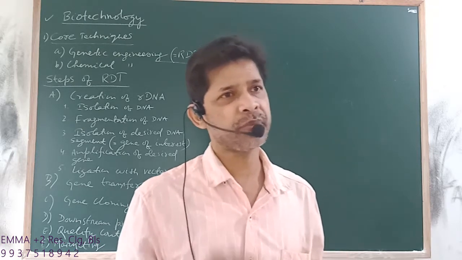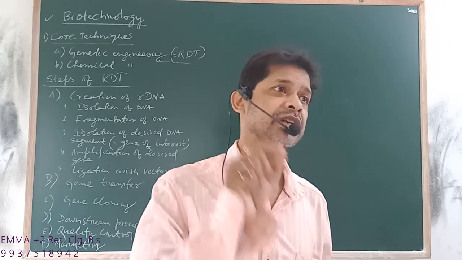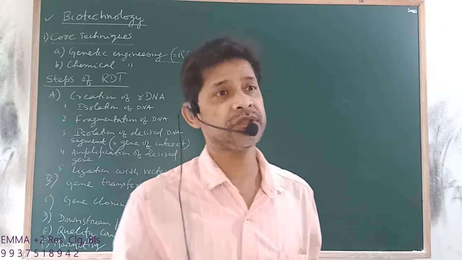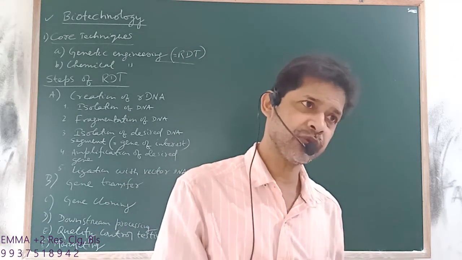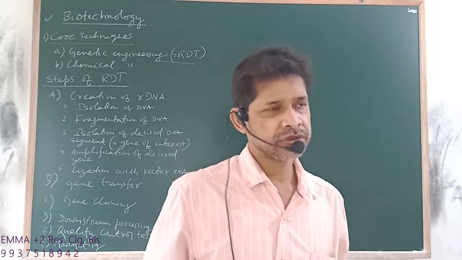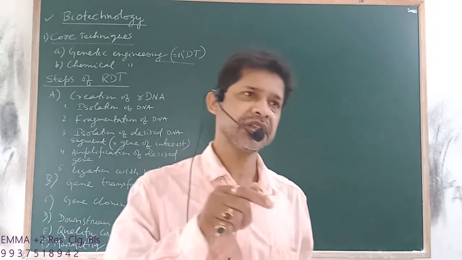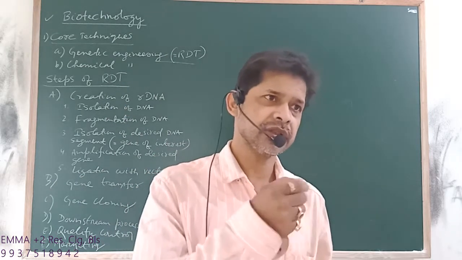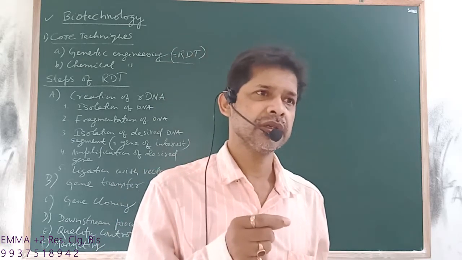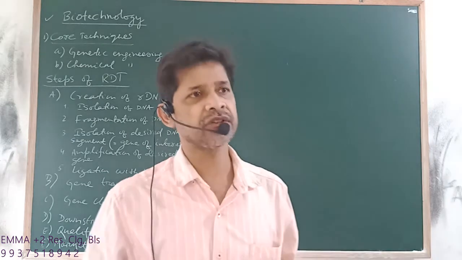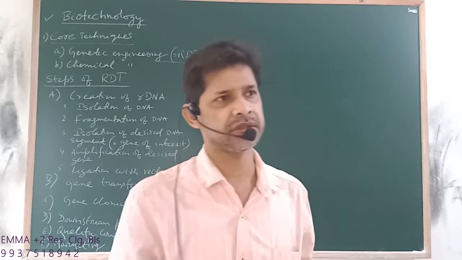When beta cell of pancreas stops secreting insulin, that means the individual is affected with diabetes, type 1, type 2. So when diabetes mellitus occurs, that person needs insulin injection. That insulin can be produced in industrial scale by means of synthesizing artificial gene.